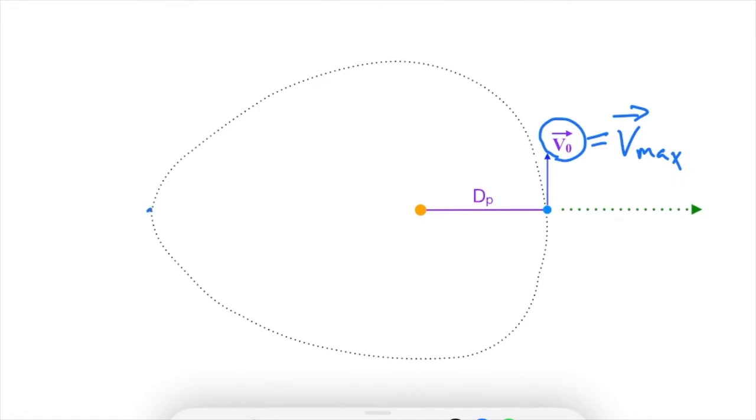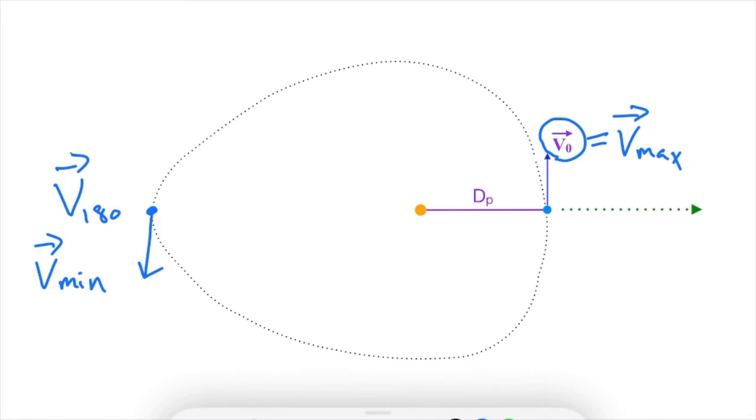Similarly, when the planet is over here at aphelion, furthest from the Sun, the velocity vector at that point is v 180 degrees, but we will also commonly refer to it as Vmin, because the velocity will be at a minimum at this time.